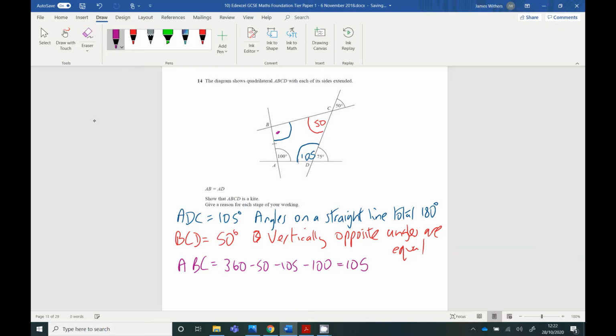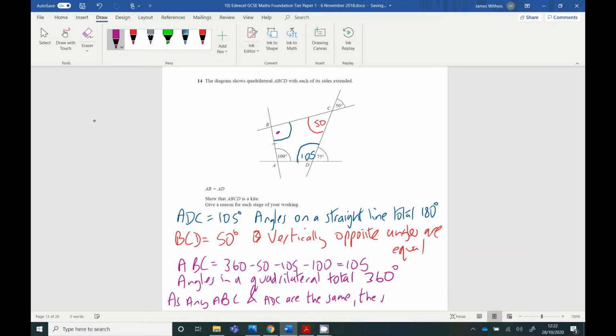The reason for that is angles in a quadrilateral total 360 degrees. So to conclude, we can say as angle ABC and ADC are the same, the shape is a kite.